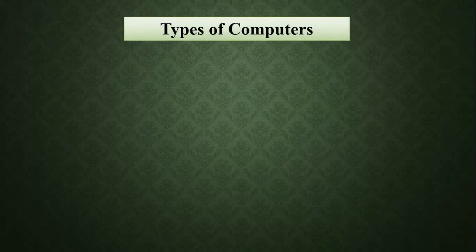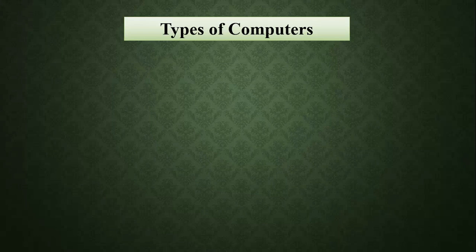Computers are classified in three categories, that is analog computer, digital computer and hybrid computer. Here we are going to learn about the digital computers.